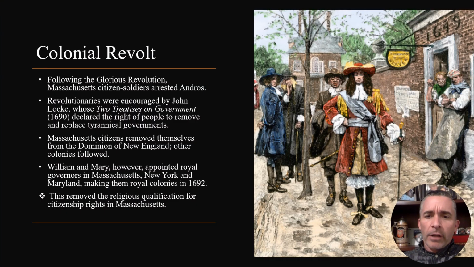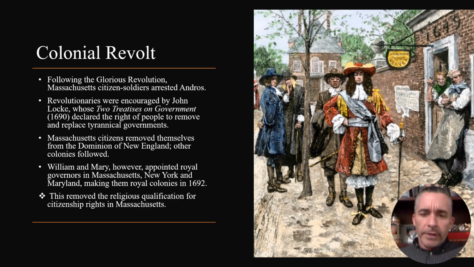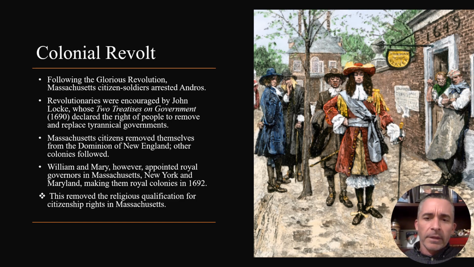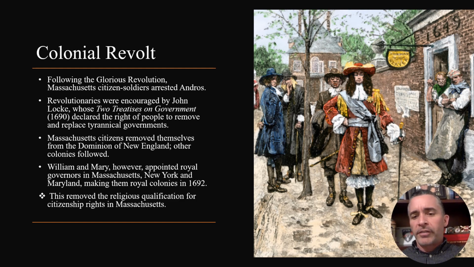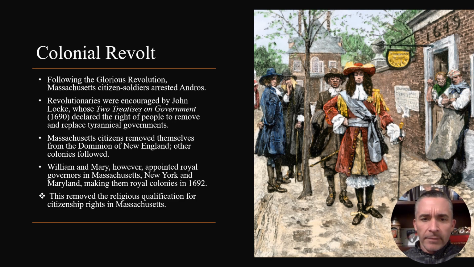And when the colonists saw what was going on in England, when they got the news, they took their cue, and in Massachusetts, the colonists revolted. The citizen militia, many of them merchants, lawyers, clerics in the Puritan Church, all got together, levied the militia, and they went after Sir Edmund Andros, arrested him and his aides.